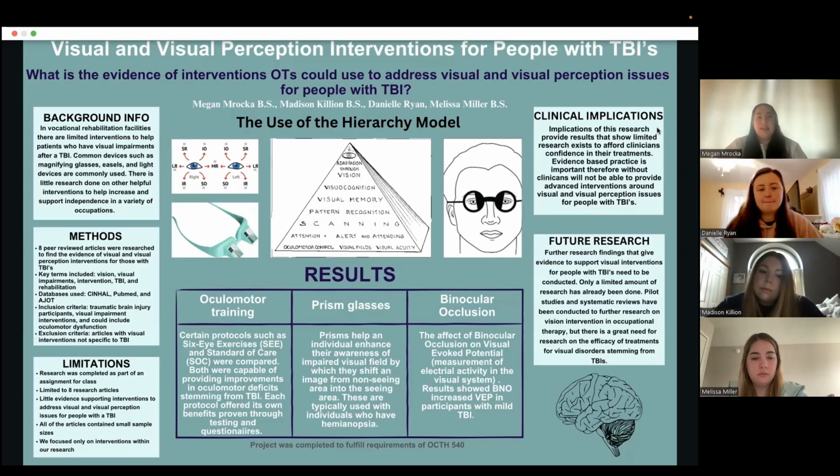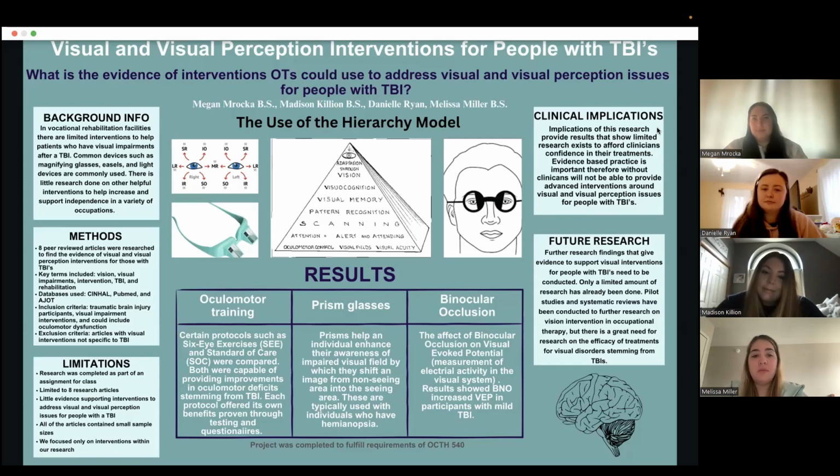And then the standard of care is a top-down model, and it usually just focuses on eye-heavy activities such as reading. This pilot study found that both models are capable of producing positive results. They kind of have their individual strengths and weaknesses. But it proves that they work pretty well.